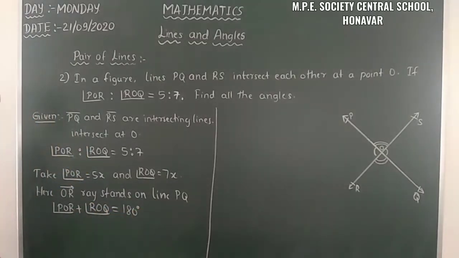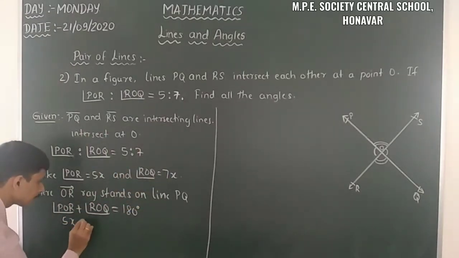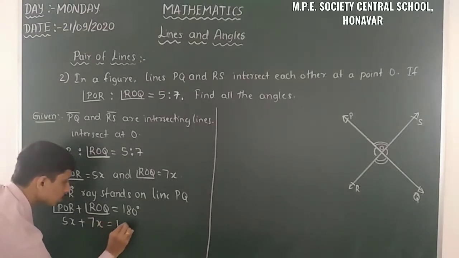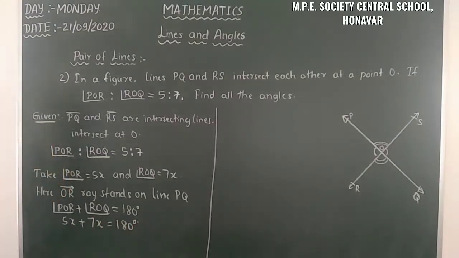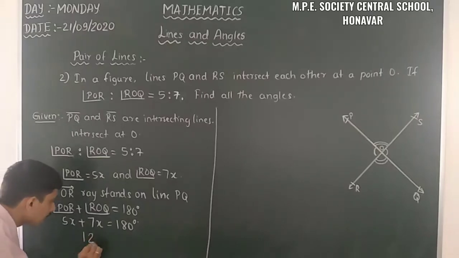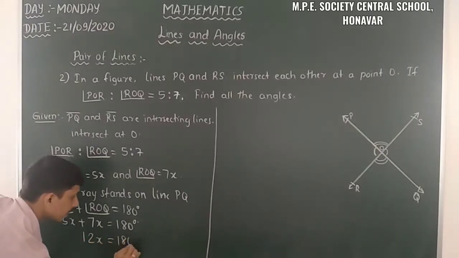Then POR is equal to 5x and ROQ is equal to 7x. Just substitute: 5x plus 7x is equal to 180 degrees. Then 12x is equal to 180 degrees.